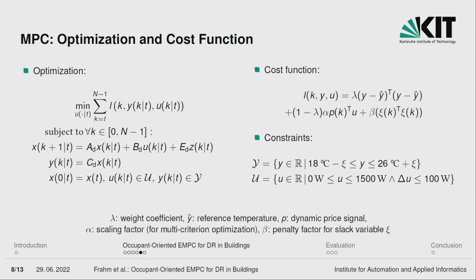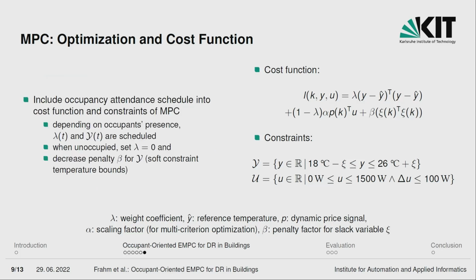We also limit the input, but as a hard constraint, so that the electric power used always must be below 1500 watts. Now it's important to know how to include the attendance schedule into the cost function and constraints. Depending on the occupant's presence, the values of the weight coefficient lambda and the temperature constraints are scheduled.